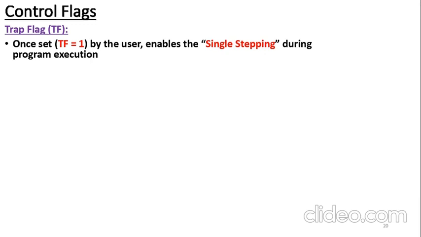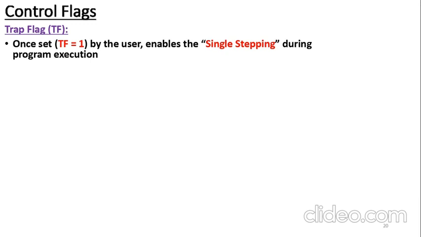And that is just because of the execution of that interrupt service routine. It is as good as showing the result of execution of every instruction to the user and waiting for a prompt from the user side to execute the next instruction.